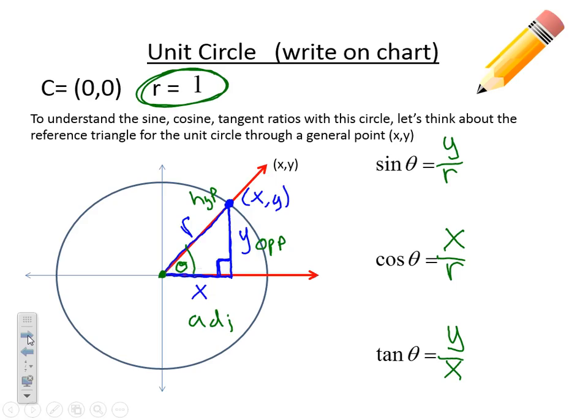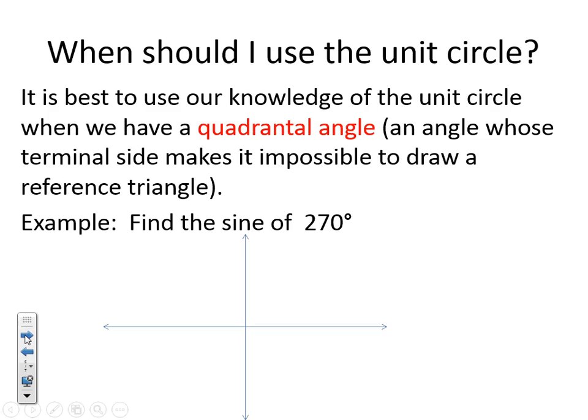Now, before we get into the examples, we're going to talk about when we're going to use our unit circle. It is best to use the knowledge of this unit circle when we are using quadrantal angles. These are angles whose terminal sides make it impossible for us to draw a reference triangle.